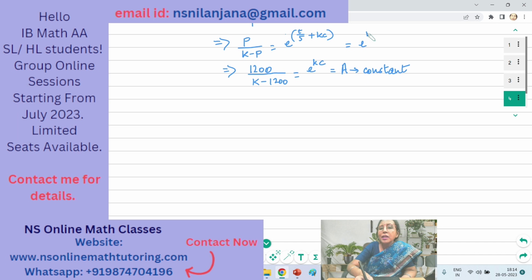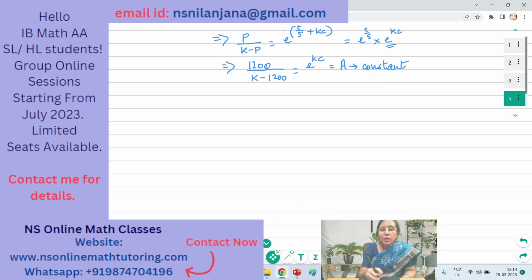This can be written as e to the power of t over 5 times e to the power of kc. And now we know the value of e to the power of kc. So we can write the same equation, this one, as, okay, let me write, because P is equal to 1200 when T is equal to 0.